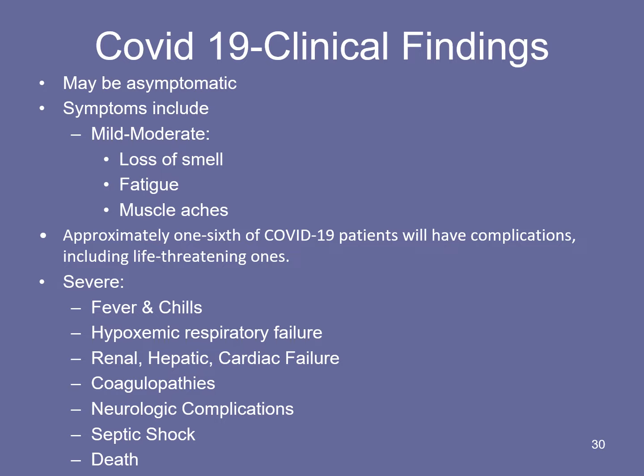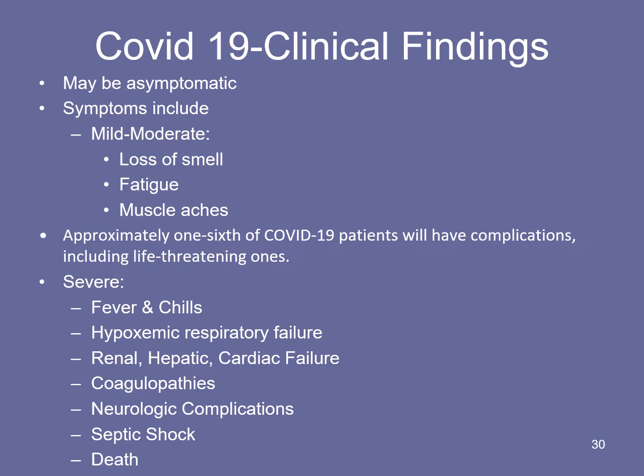Maybe he survived, maybe he didn't, but once you were intubated for respiratory failure secondary to COVID-19, your prognosis was just not great. Fever, chills, hypoxemic respiratory failure, but could you also have an element of hypercarbia? Absolutely. Renal, hepatic, cardiac failure, so there's your multiple system involvement. The coagulopathies were of a major concern as well.